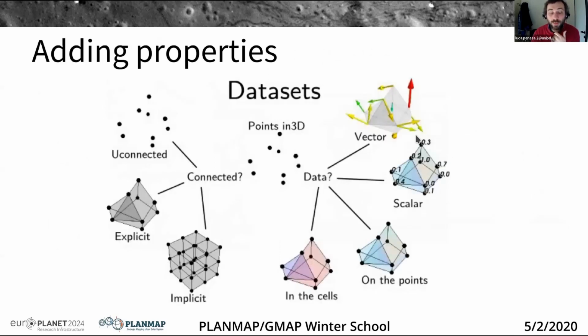And the next point: we have seen now that starting from points, we can connect them explicitly, so let's say, for each triangle, we create the list of points that we need to connect together, or implicitly.